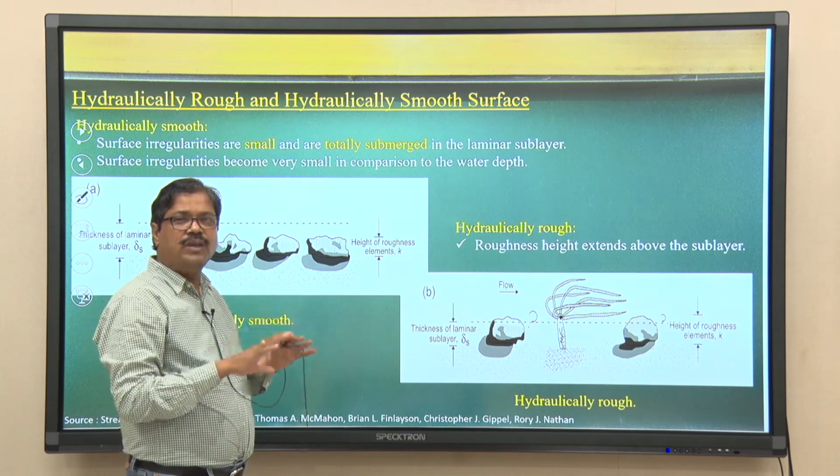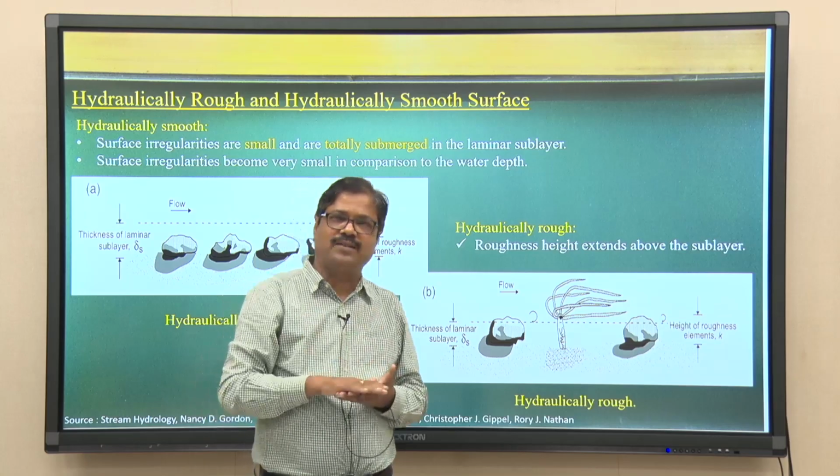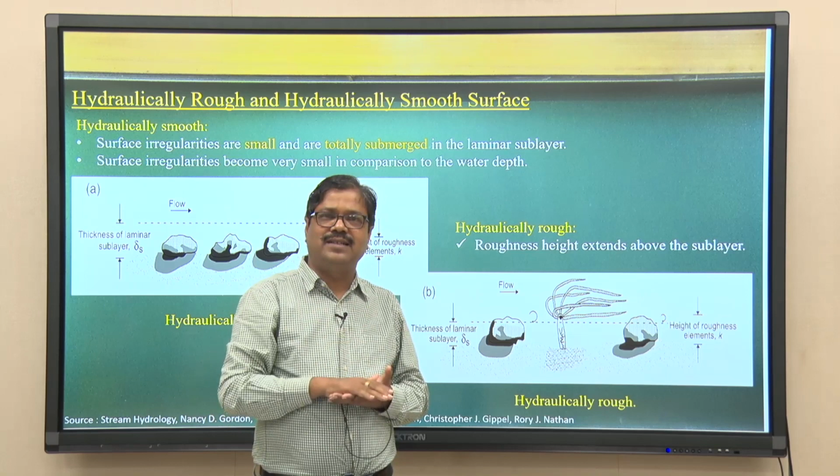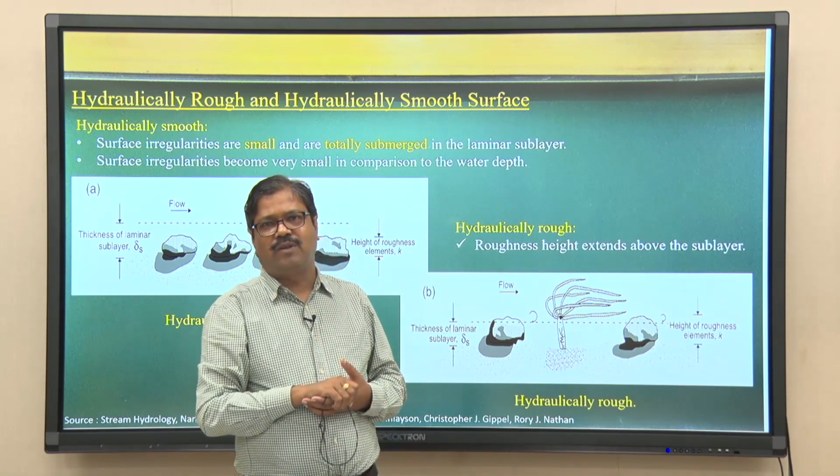We talk in terms of the hydraulically smooth case, because you can have a quite good understanding that when a flow passes over a surface, you will have a laminar sublayer, then a transition layer, and then the turbulent boundary layer.